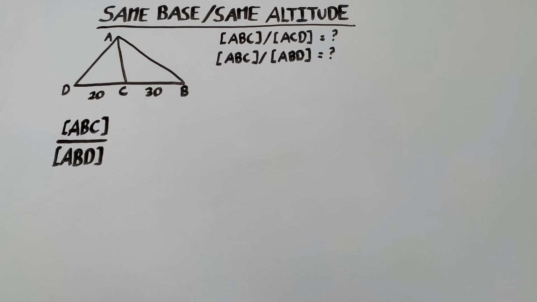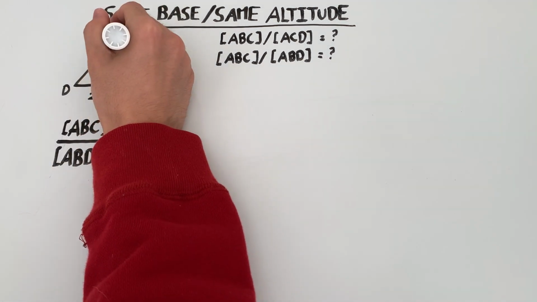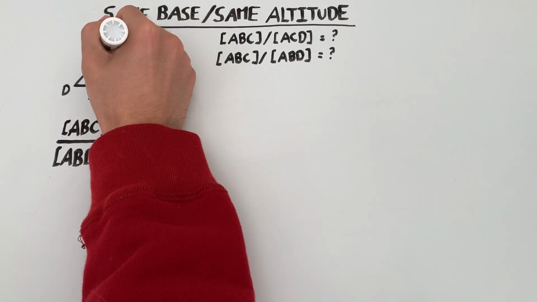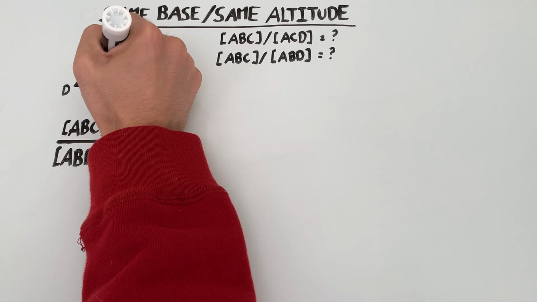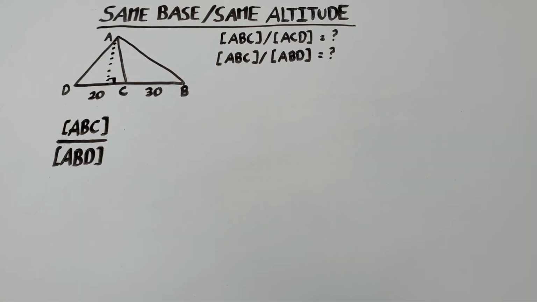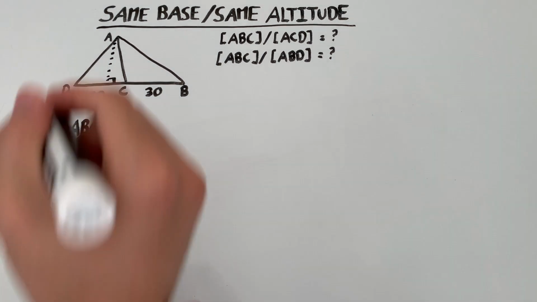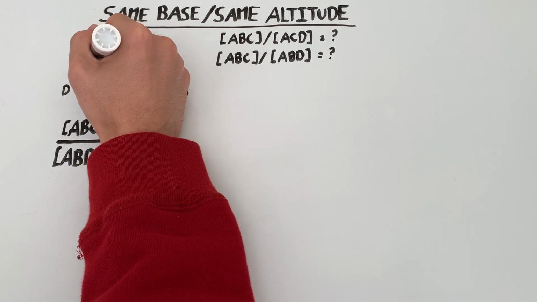Now once again, notice that both triangles share the same altitude from point A. And once again, let's denote this altitude by h.